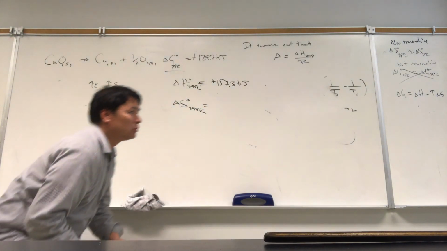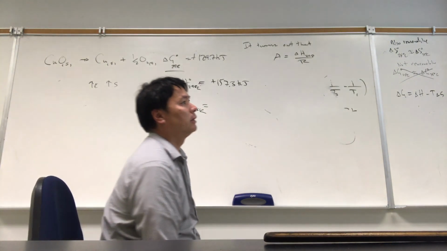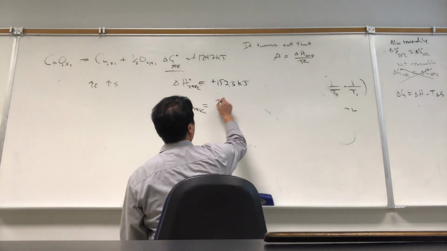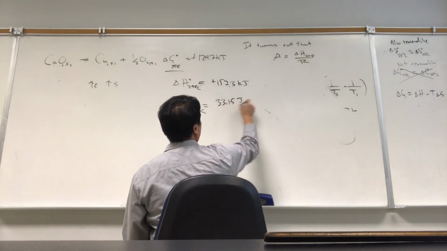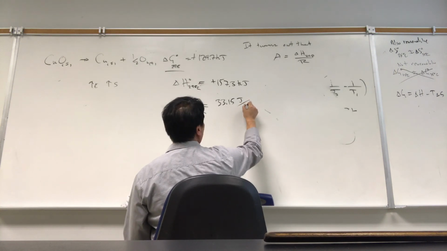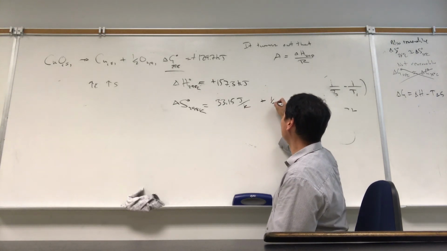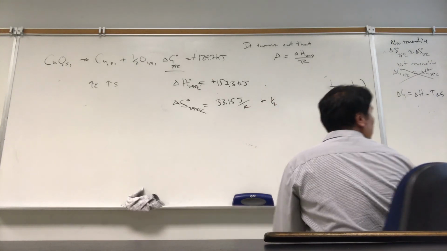And so I'm going to have to scroll to half an O2. But anyway, I got my copper. The copper is 33.15 joules per mole Kelvin. I have 1 mole, so I'll just call it joules per Kelvin. Plus, the other product is 1/2 O2, 1/2 a mole of O2.